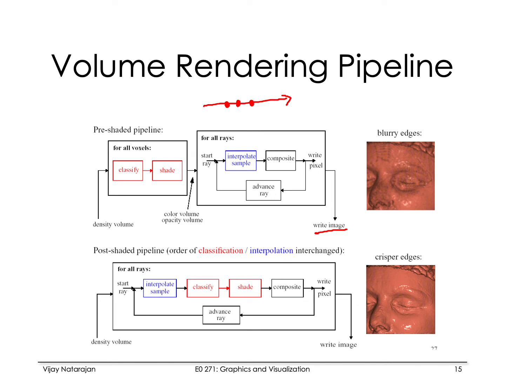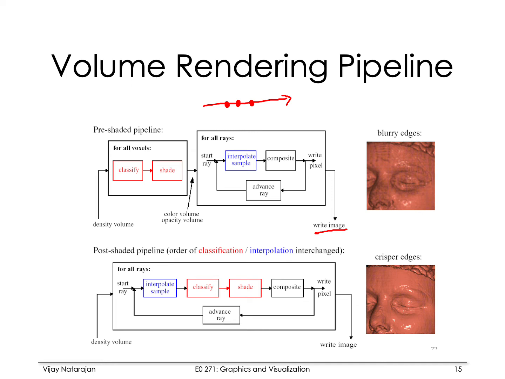In a post-shaded pipeline, the order of classification and the interpolation is exchanged. So we essentially shoot rays directly into the scalar volume, interpolate the samples now rather than interpolating colors. And for the interpolated sample values, we use the transfer function to classify and hence shade, compute the shade, maybe using the Phong model.